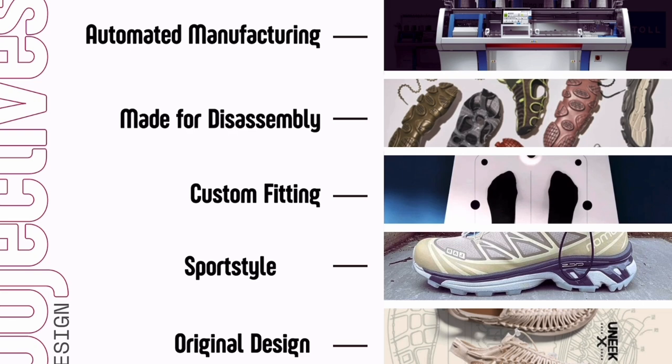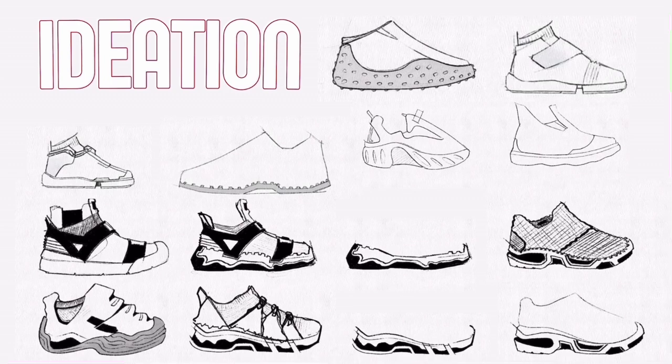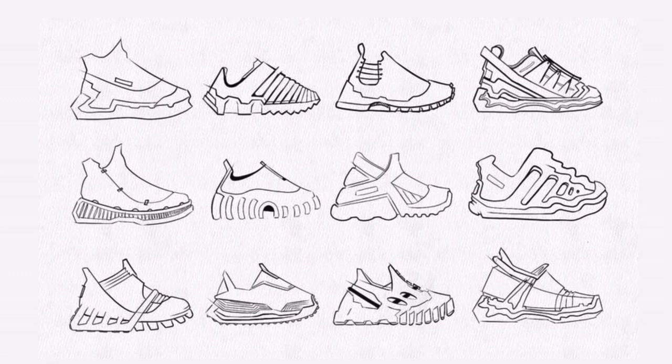The development process began with iterations of current Keen categories, as well as exploring various manufacturing techniques such as 3D printed soles and knitted uppers. It was important at this stage to explore far and wide and not limit my concepts. Out of this divergent process, I arrived at two directions.